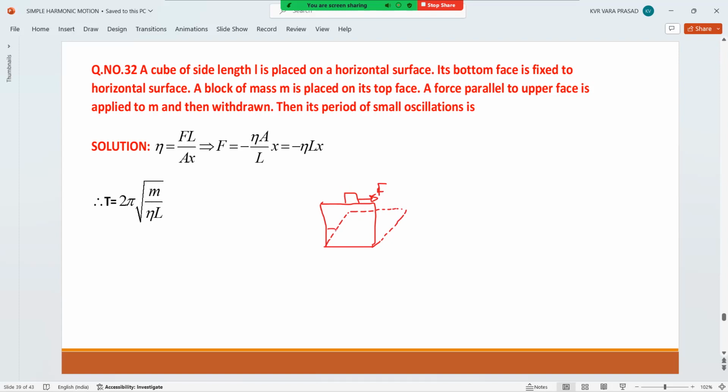Suppose this angle we take as phi. Let us take it is now displaced by x. This displacement is x.